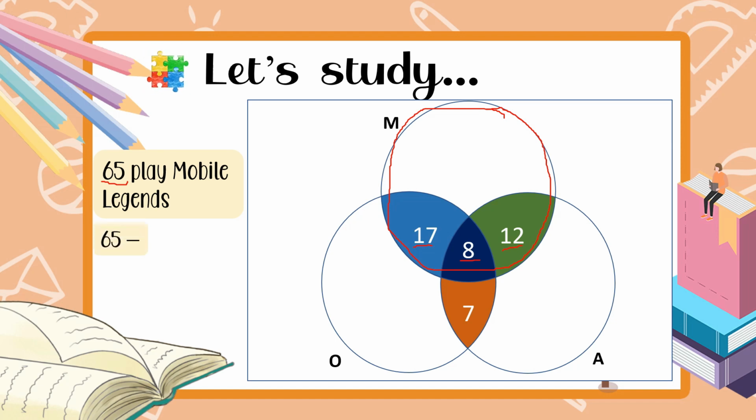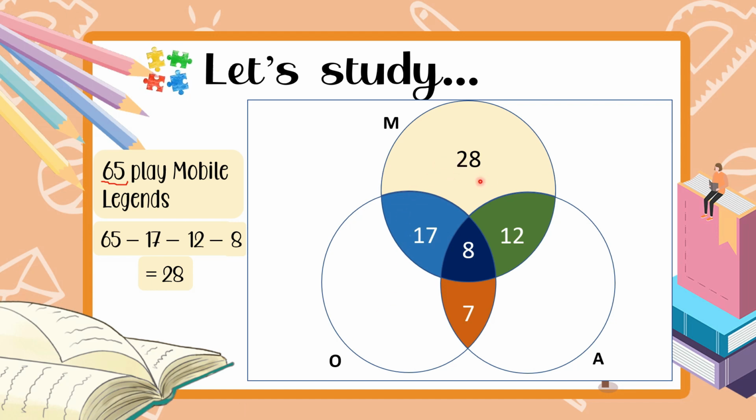So, we will have 65 minus 17 minus 12 minus 8, and the answer is 28. Ayan. So, si 28, dun siya sa part na solo lang na Mobile Legend. Pag itong lahat ng ito ay inadd mo, we will get the total of 65. Ayan, pasensya sa pangit na sulat.